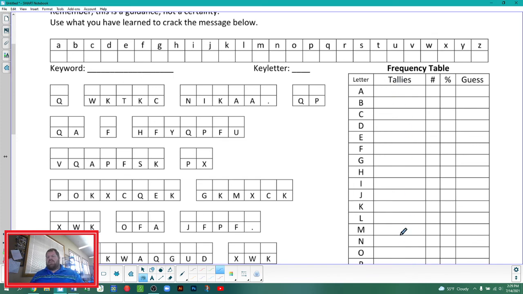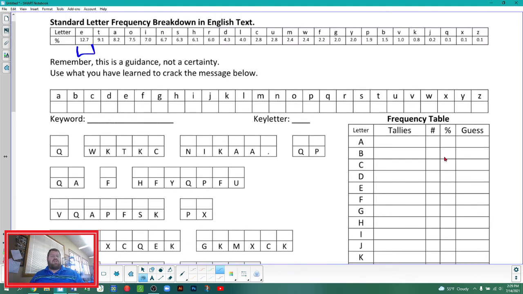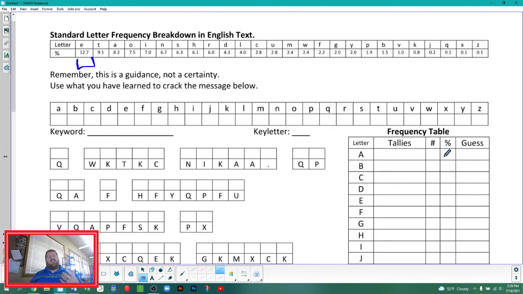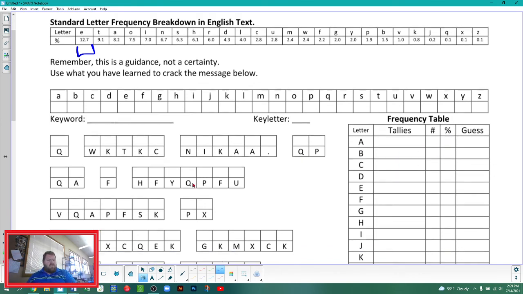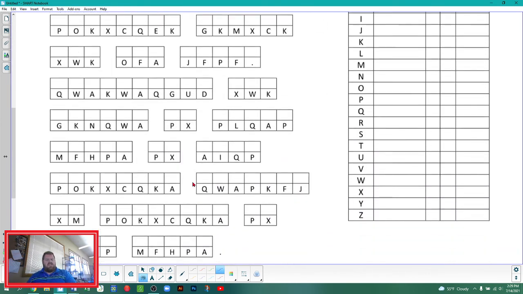Find the frequency of the letters, find the number, find the percentage. To find the percentage, we take the total number of letters. And that last one that we just did together, there were 132 letters. I think this one has less, but I'm not sure.